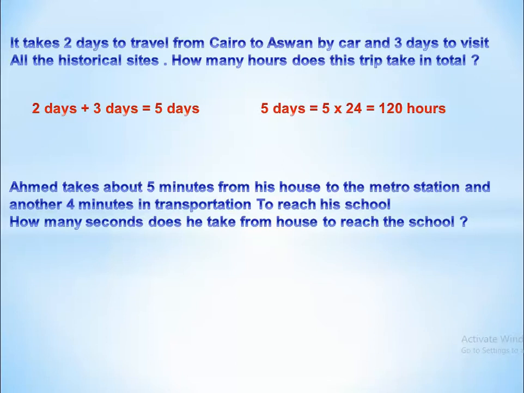Okay, first let's calculate the time Ahmed takes in his trip every day. 5 minutes plus 4 minutes equals 9 minutes. He wants me to calculate it in seconds, so we are going to convert from minutes to seconds. It means 9 times 60. Let's put 0 first. Then 9 times 6 equals 54. So the answer is 540 seconds.